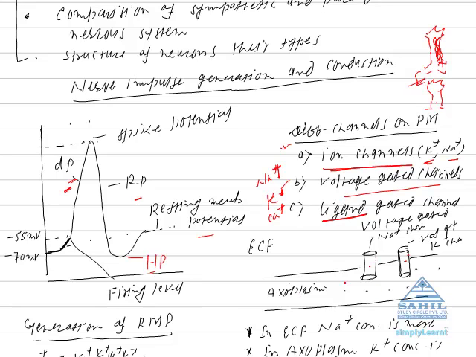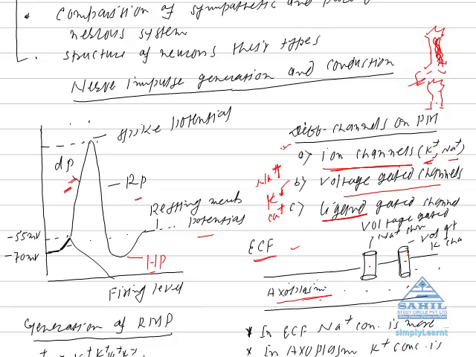The cytoplasm of the axon is called axoplasm. The outside fluid is called extracellular fluid, so fluid is present here as well as here. This fluid contains some ions, but the concentration of ions varies on the two sides of the membrane.